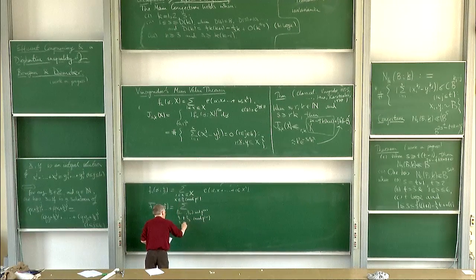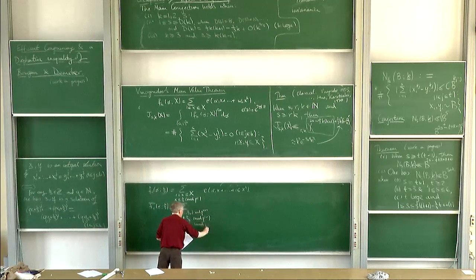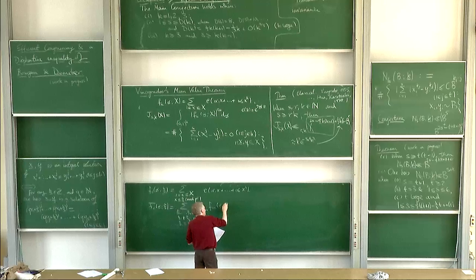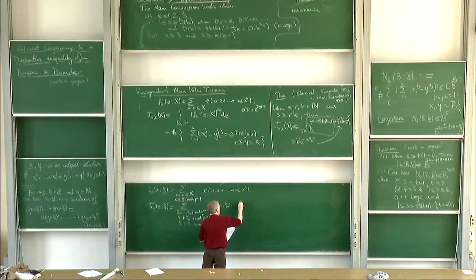But all of these things are congruent to the same c modulo p to the c. And there might be some other mild conditions which I'm ignoring in order not to be too obtuse.